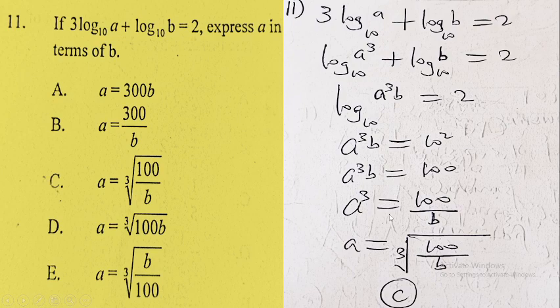So A cube is equal to 100 over B. Our aim is to express A in terms of B, so we need to make A the subject of the formula. So you can find the cube root of both sides. That gives us A is equal to the cube root of 100 over B. So the correct option here is option C.